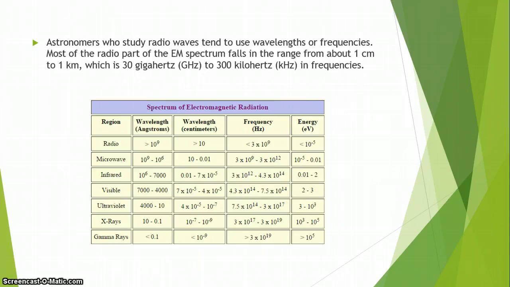Gamma rays actually have massive energy, which means they may easily penetrate solid matter, with more than 10 to the power of 5 energy. As for radio waves, they have the longest wavelength, but also the smallest energy in this spectrum.